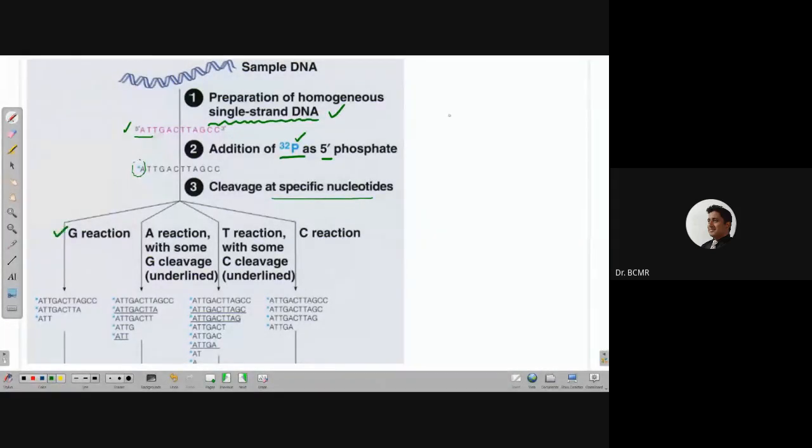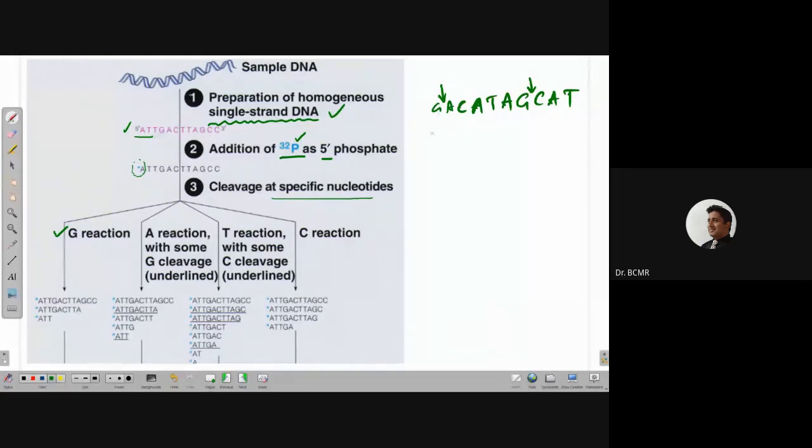That means if you have a sequence something like this, the G reaction will cut on the 3' side of the G. Okay, I think in this figure it is shown as 5' side. I remember it as 3' side.